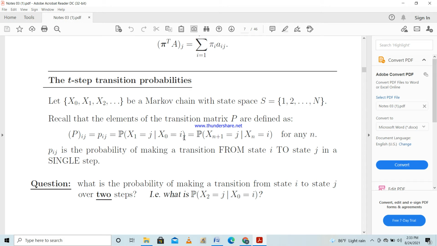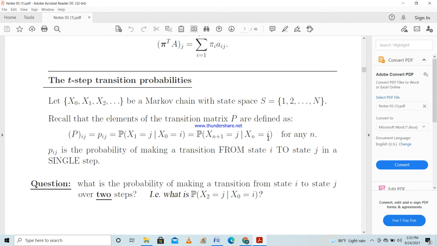So that we can write probability x1 equal to j, given that x0 equal to i. Right? So this is equal to probability xn plus 1 is equal to j, given that xn is equal to i for any n.